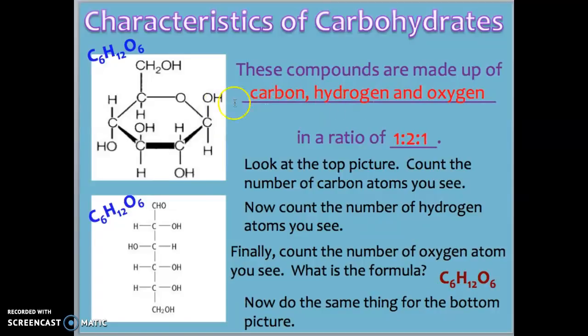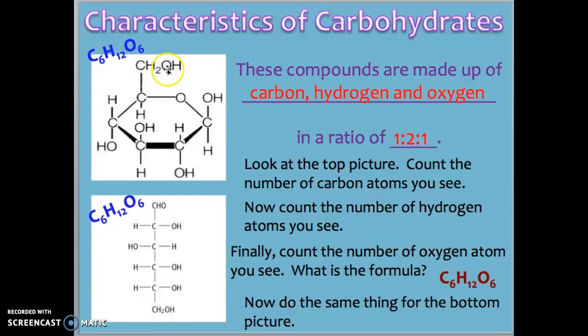I'm going to count hydrogen next. This little 2 tells me I've got 2 hydrogens there. So 2, 3, 4, 5, 6, 7, 8, 9, 10, 11, 12. So there's 6 carbon, 12 hydrogen. And the last one I'm going to count is going to be oxygen.